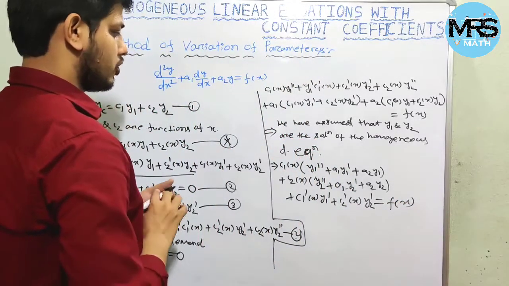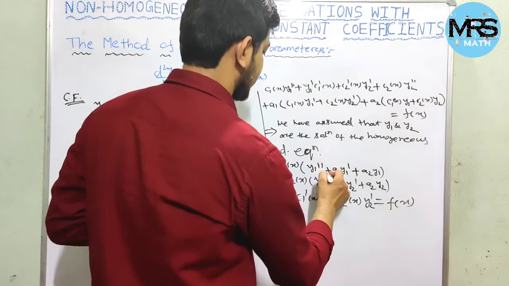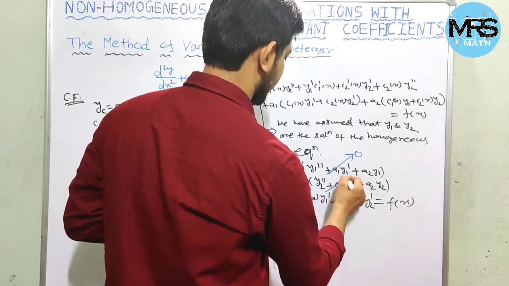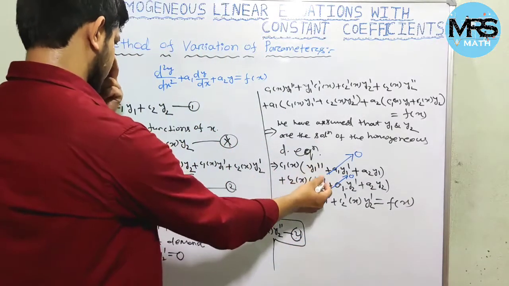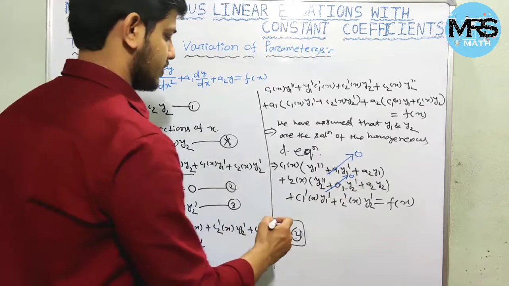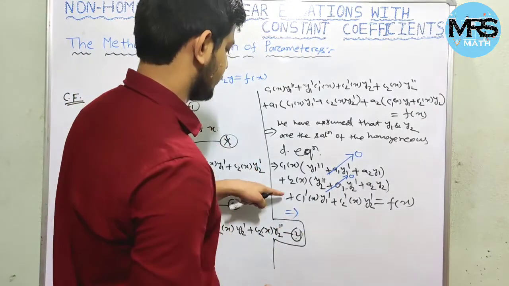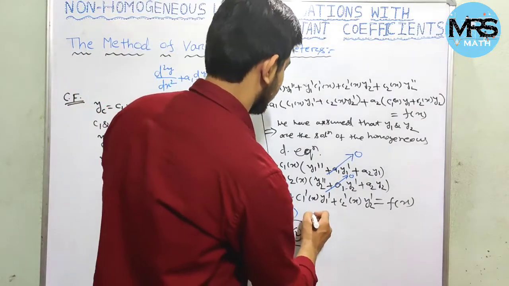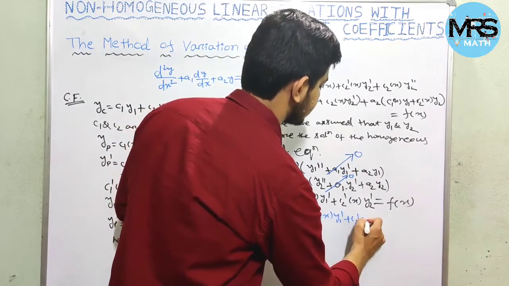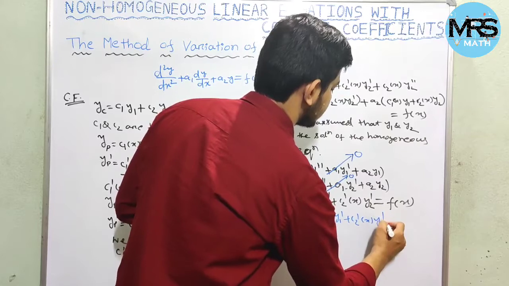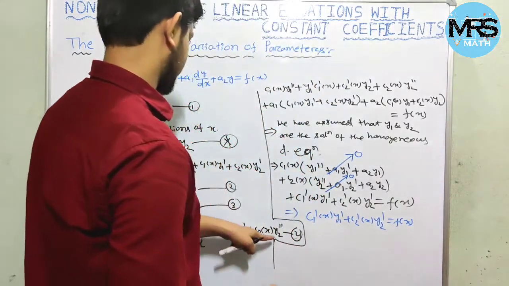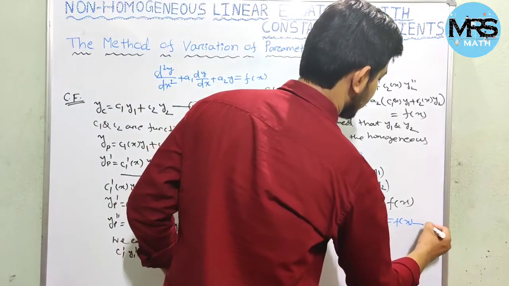So these terms we can take as 0, and also this term we can take as 0, because y1 and y2 are the solutions for the homogeneous differential equation. So what we can write from here? We can write only c1 dash x y1 dash plus c2 dash x y2 dash is equal to f of x. So this one we can take as equation number 5.